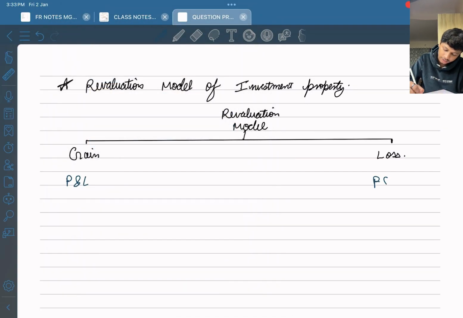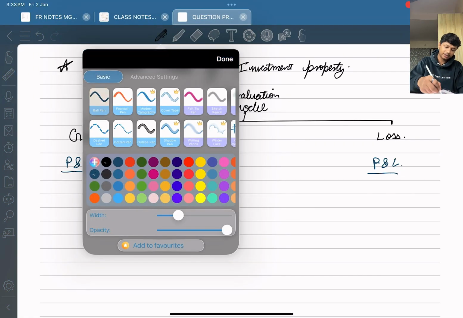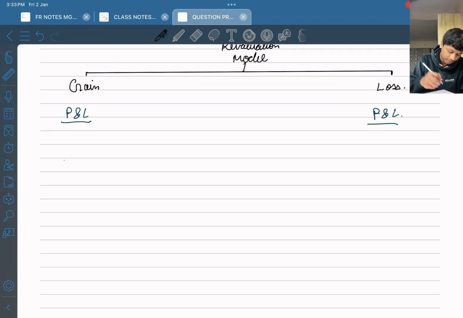Nothing will go to OCI. So the revaluation model of investment property is far easier than that of property, plant and equipment, because there is no OCI that comes in place. That is why it is easy. Now comes the treatment. The revaluation gain will go to P&L and the loss will also go to P&L.